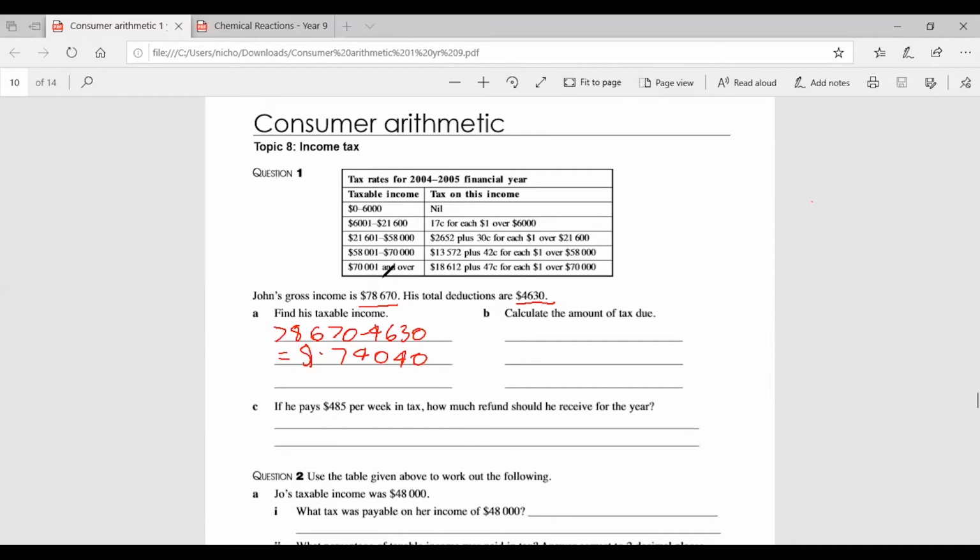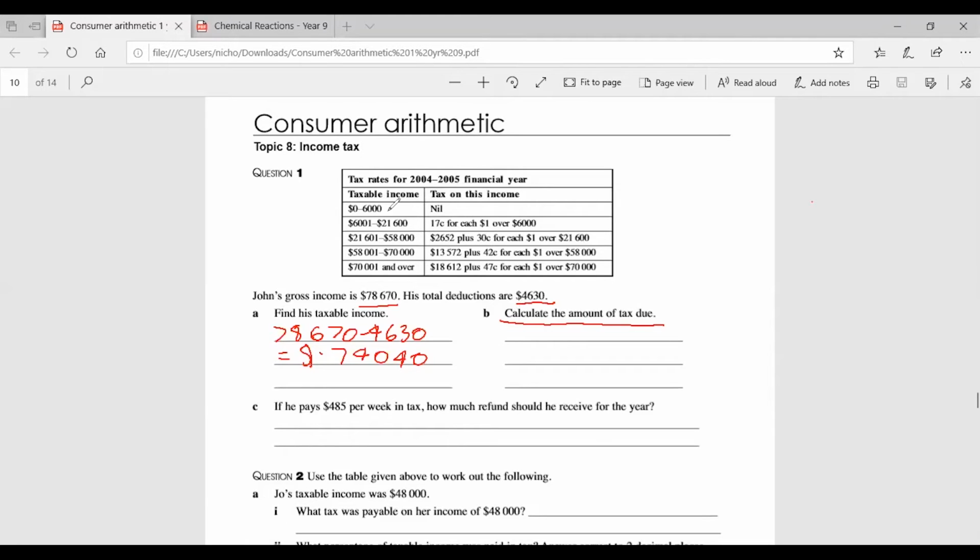All right. So then how would we calculate the amount of tax due? Would it be the one on the table, like the last one?